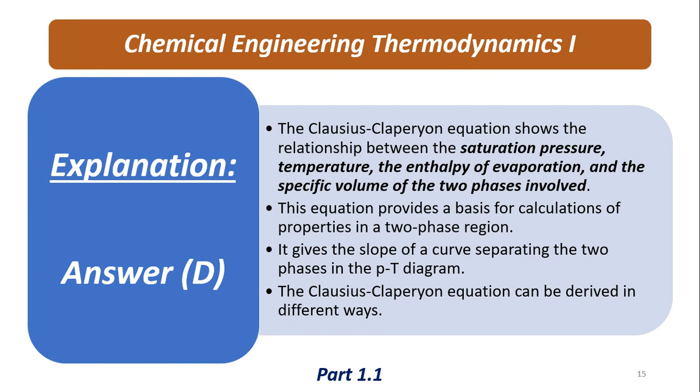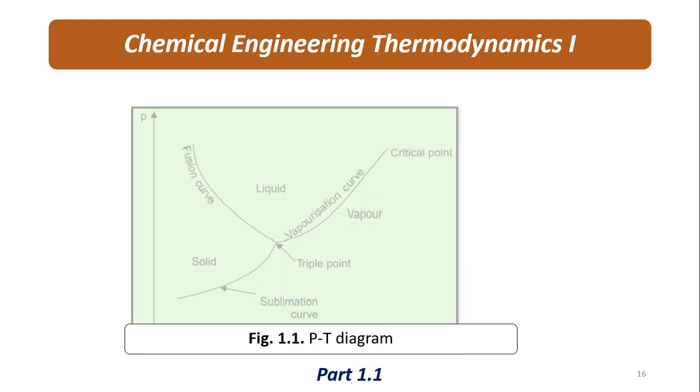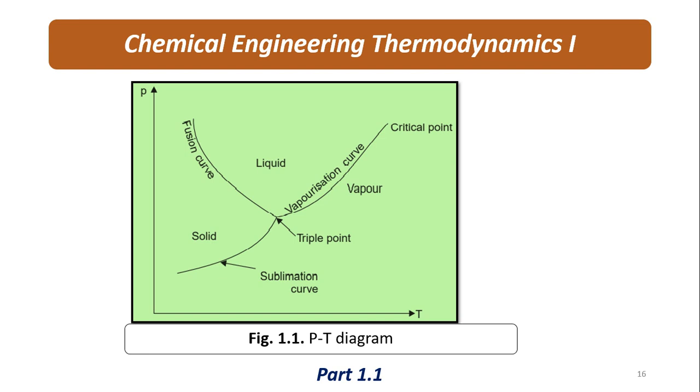It gives the slope of the curve separating the two phases in the pressure-temperature diagram. The Clausius-Clapeyron equation can be derived in different ways, so let us see how to find the relationship between the latent heat of fusion with temperature as well as pressure.